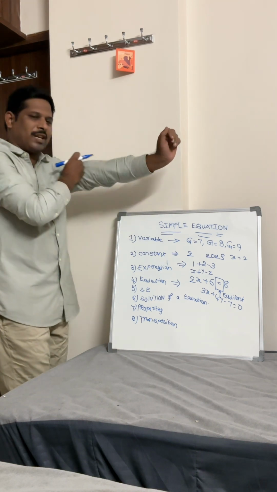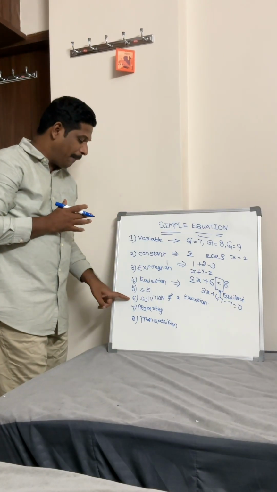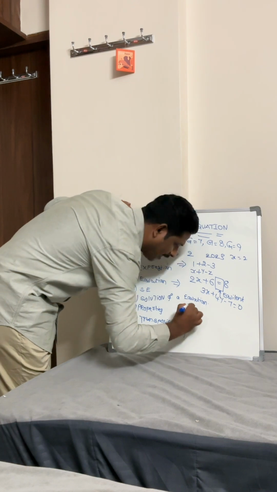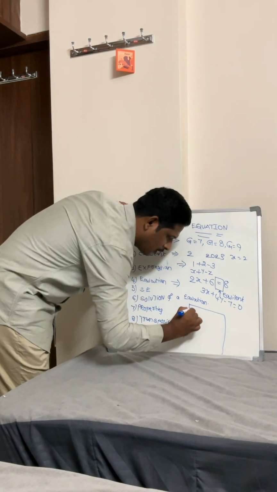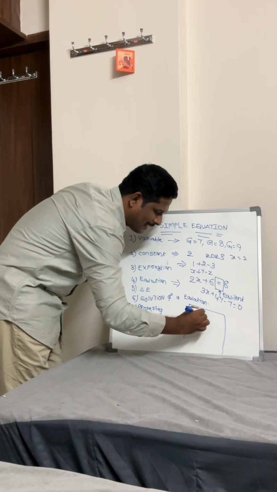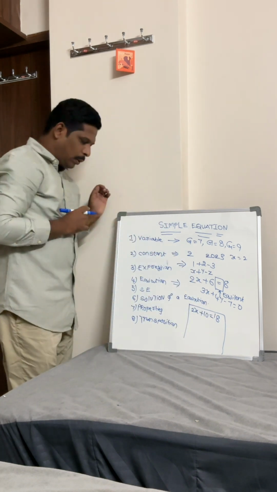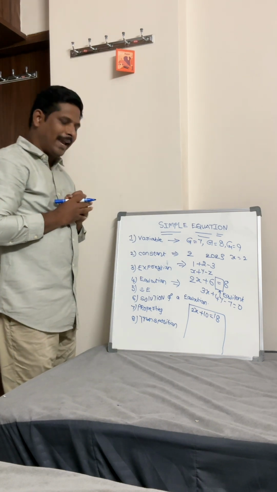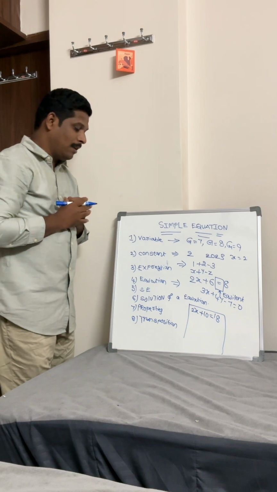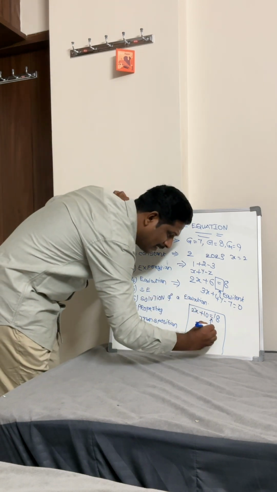So, solution of an equation. This is very important. The entire concept depends on the solution of an equation. For example, 2x plus 10 is equivalent to 18. Here we have to find the value of x.